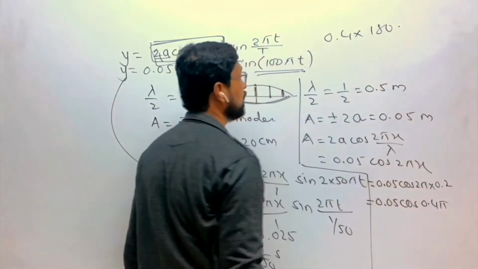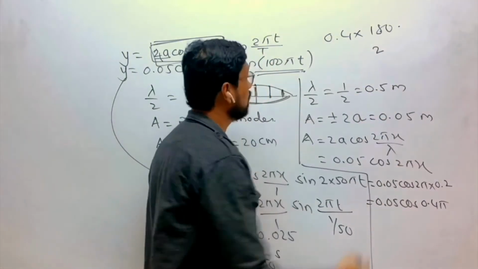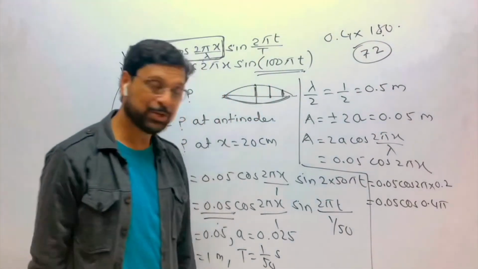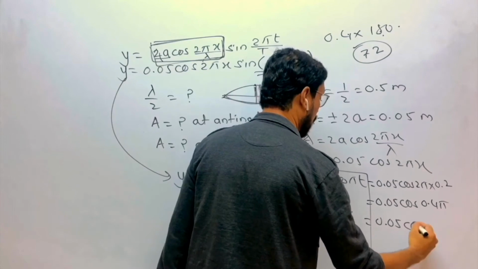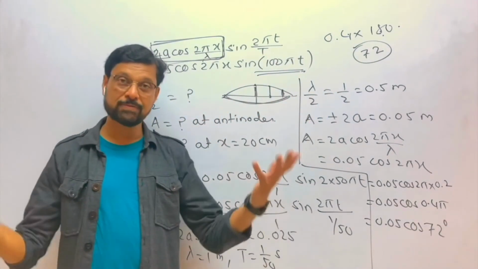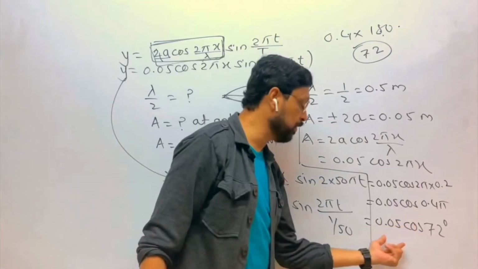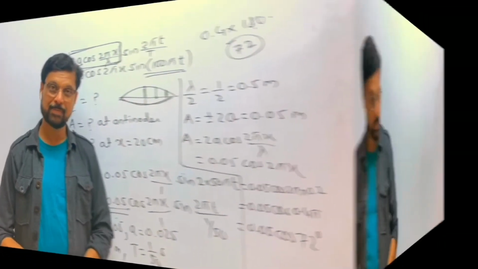Pi is 180 degree. So 4 8s are 32, carry 3. 4 1s are 4 plus 3 is 7, or 18 4s are 72. So this is equal to 0.05 cos 72 degree. Cos of 72 degree, you can see from your log table. Multiply it with 0.05. That will be your last answer.